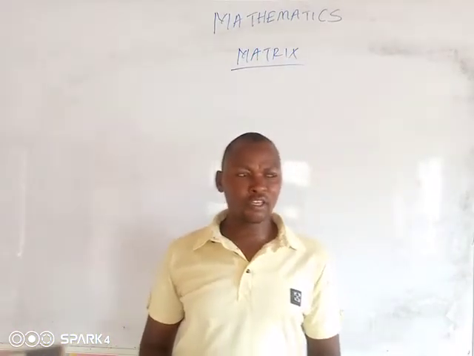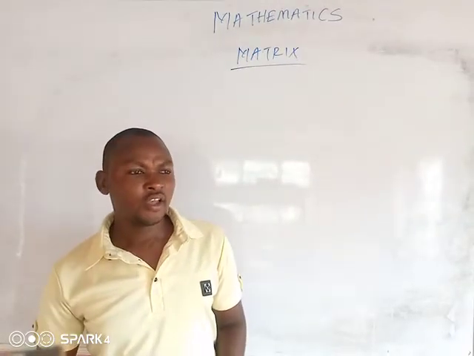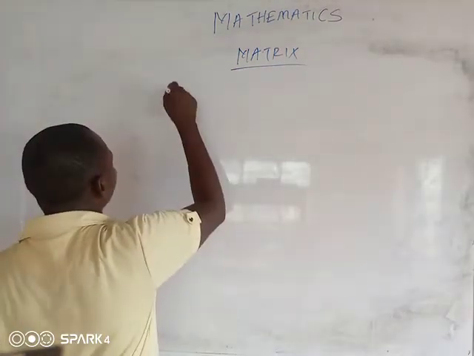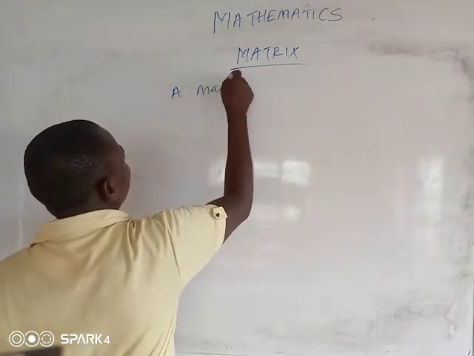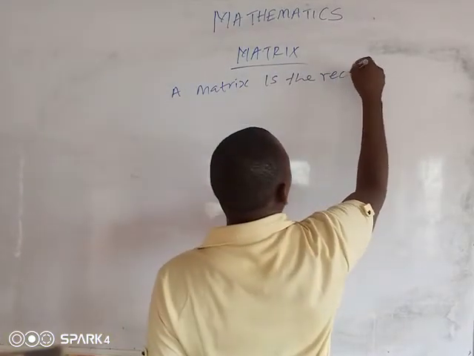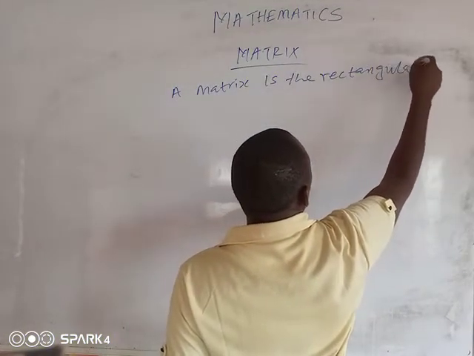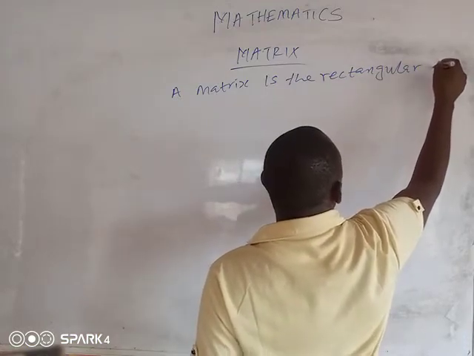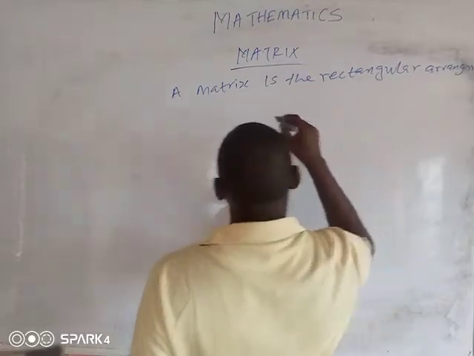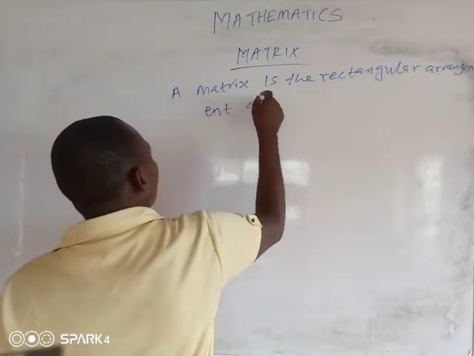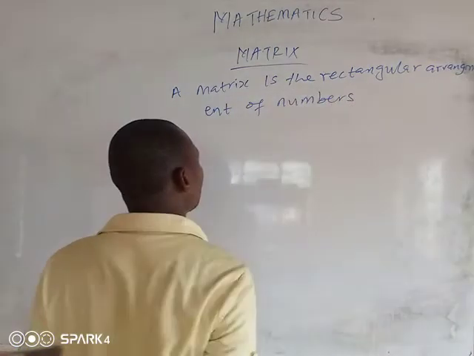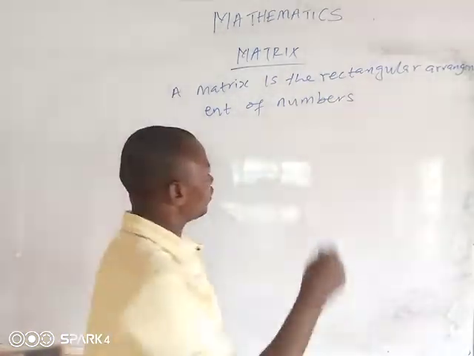A matrix is a rectangular arrangement of numbers. Matrix is the rectangular arrangement of numbers.